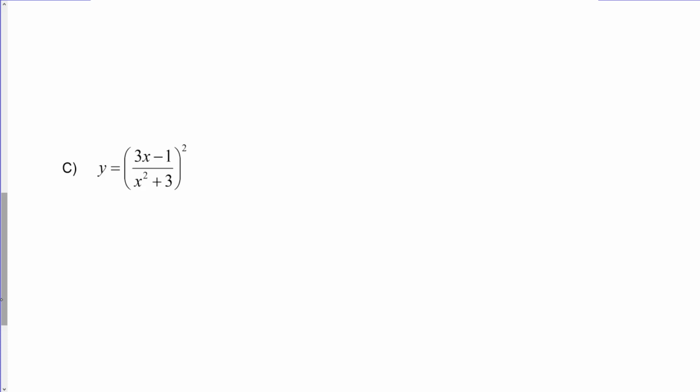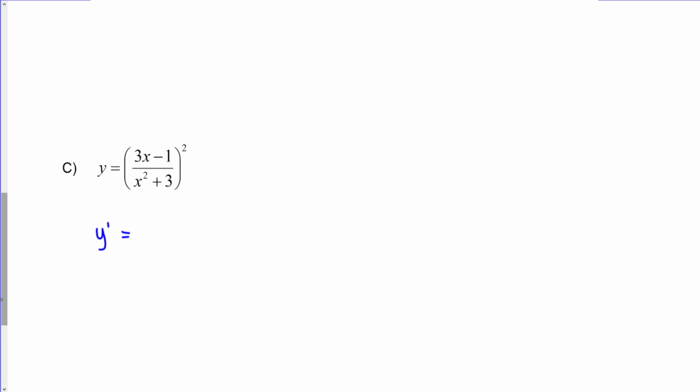C, y equals 3x minus 1 over x squared plus 3 quantity squared. So here I have a combination of the chain rule and the quotient rule. So in order to work this through, here's what I would do. I would say y prime first would handle this outer function.